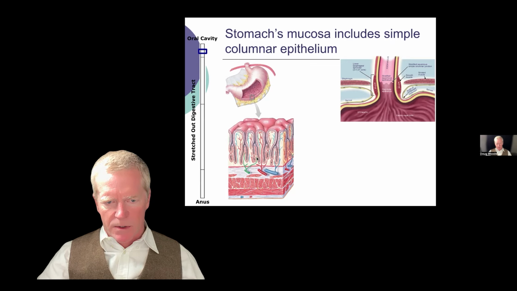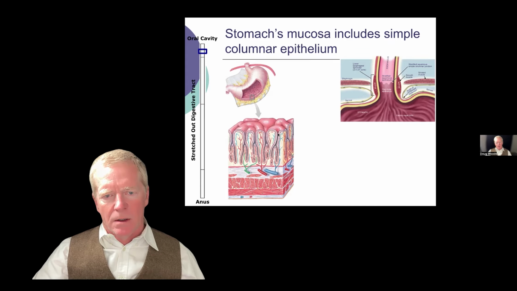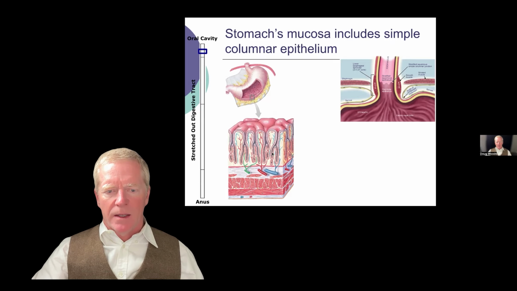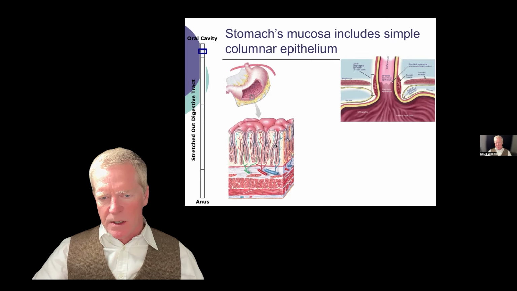The mucus is going to be secreted by mucus-producing cells within these ridges, these rugae that line the stomach. And as cells grow and divide, they'll move up here and up to the top of the ridges towards the lumen, or inside of the stomach. Some specialized cells lining the stomach will be secreting mucus, which will also be moved up and secreted out to the outside of the stomach.